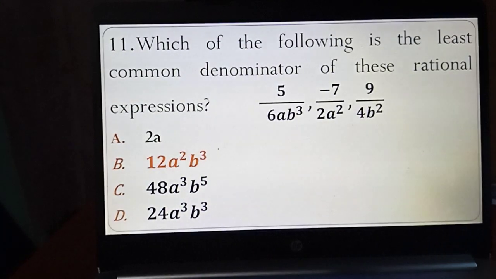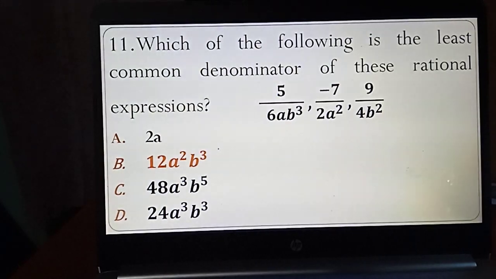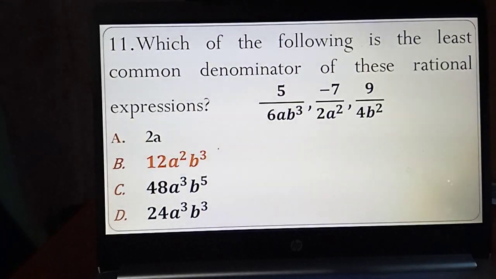Okay, so correct. That is how to get the least common denominator. You have to use the multiplication table of the numbers to get the least common multiple. And for the variables, you get the highest exponent.